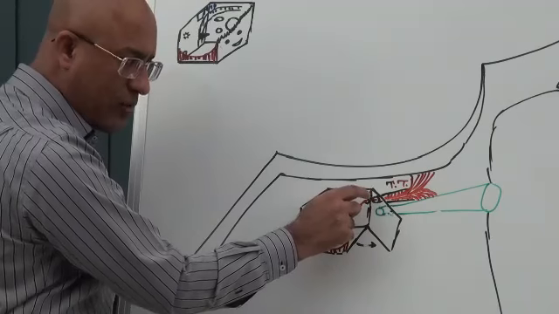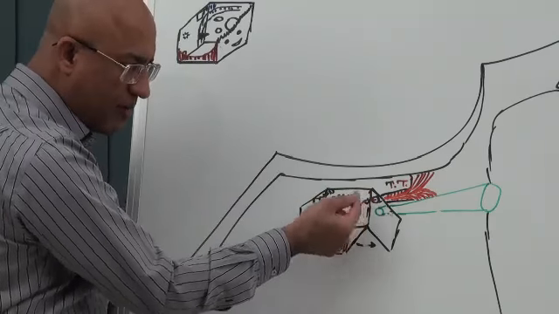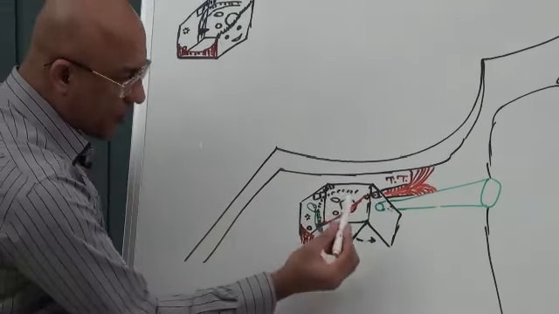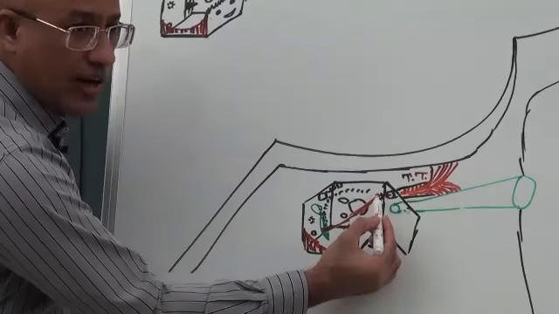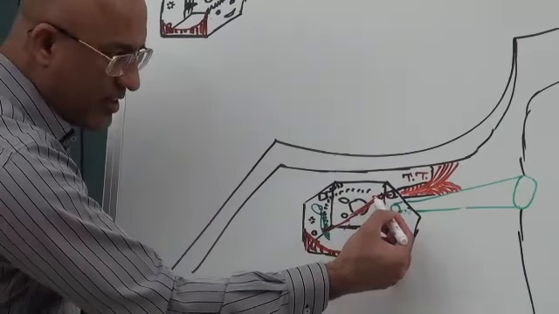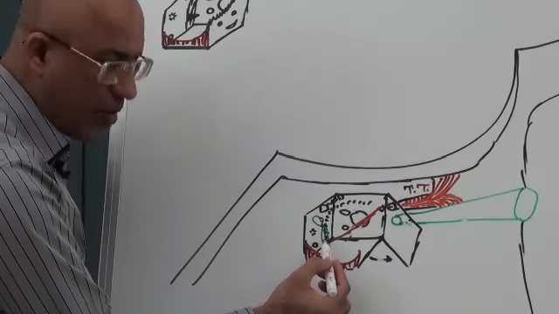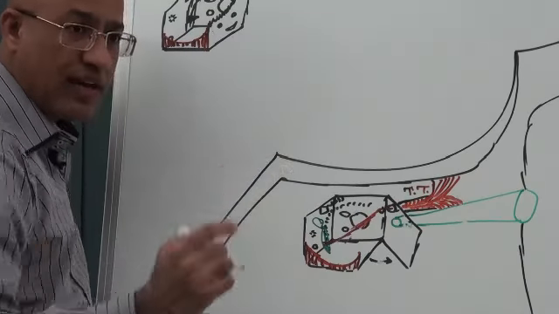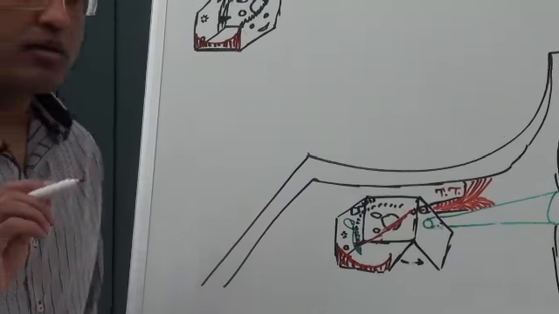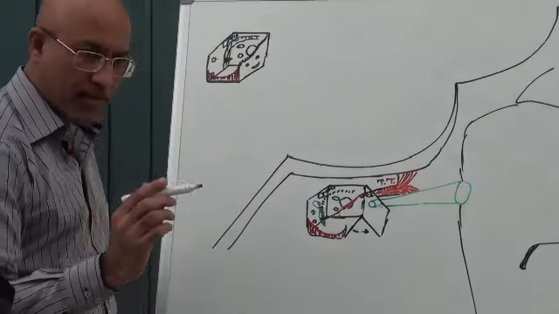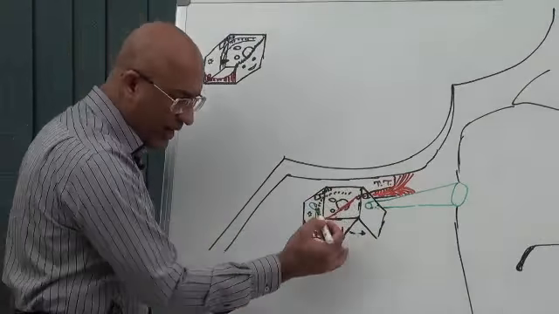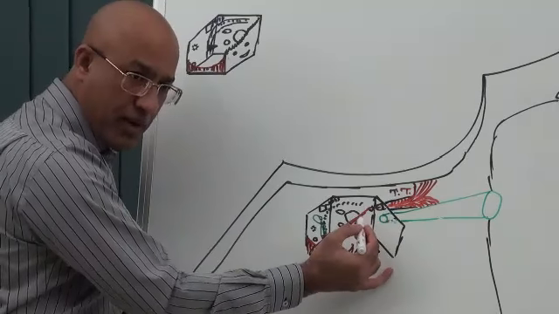From the canal for tensor tympani, this tendon will come outside, and from there it will move around the cochleariform process and then acutely turn laterally, and laterally it will come and fuse with the handle of the malleus or manubrium of the malleus. Whenever this muscle contracts, it pulls the malleus inward, is that right, and tenses the tympanic membrane.